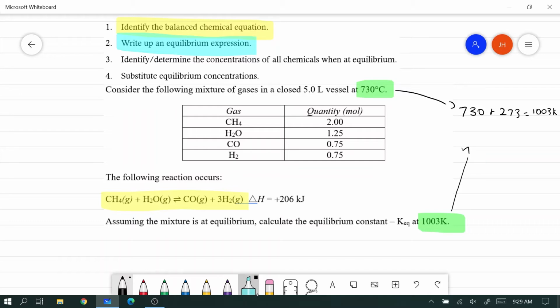What we also need to do is determine the concentrations of all chemicals when at equilibrium. So we've been told that the mixture that we've been told about is at equilibrium already. We know what the reaction vessel volume is, and we also know n, the quantity of all of these substances. So we're going to be able to use this information to solve our problem.